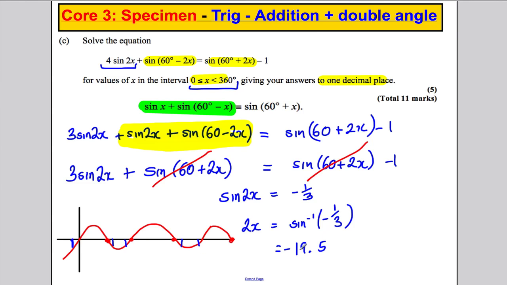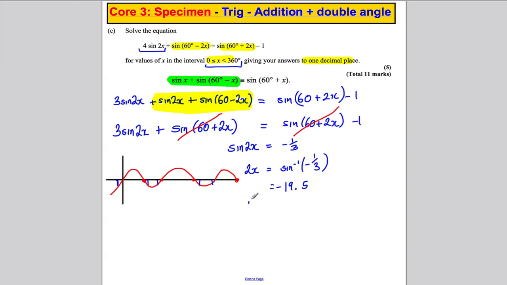And where are those points? So 2x, just extending the page, would be 180 plus this. It would be 180 plus 19.5, which is 199.47. Another one here would be 360, subtract that, which would be 340.53.